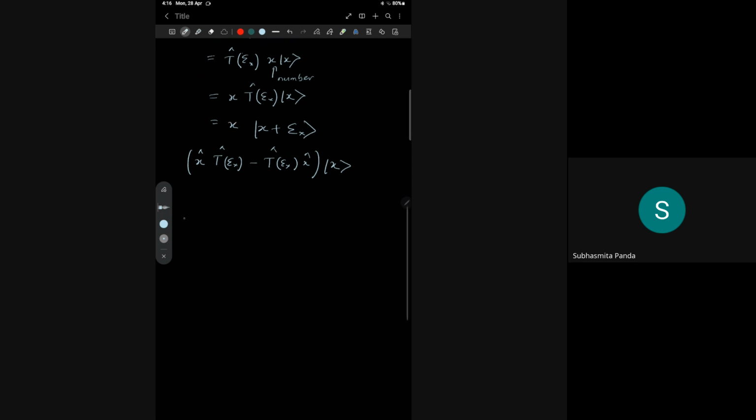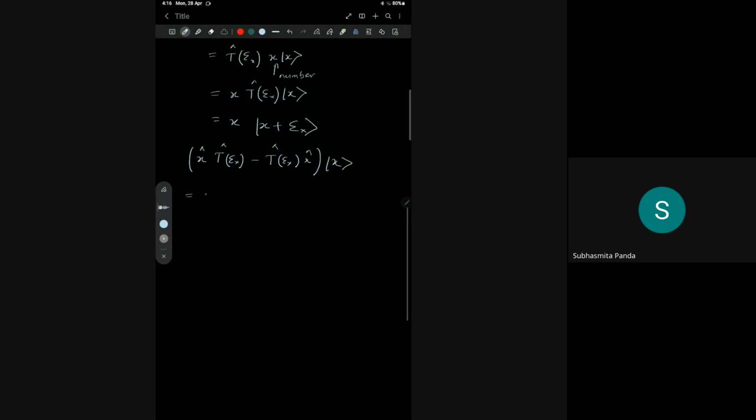So this will be equal to x, e epsilon x operating on x minus e epsilon x. But this one and this one we have already evaluated.